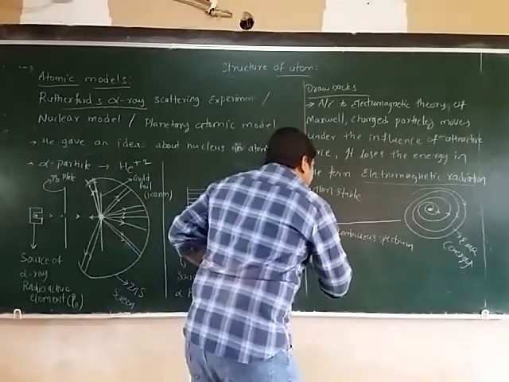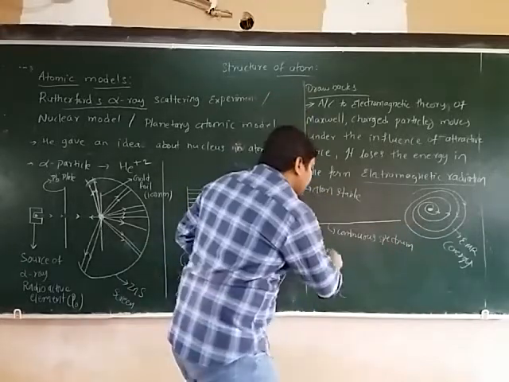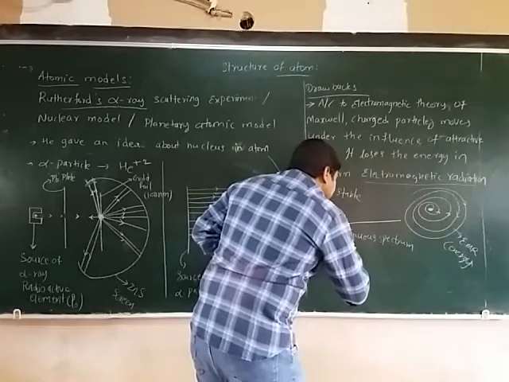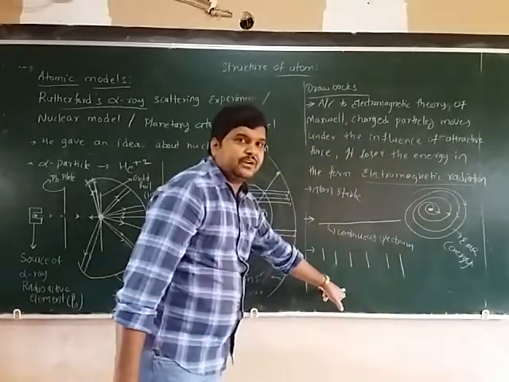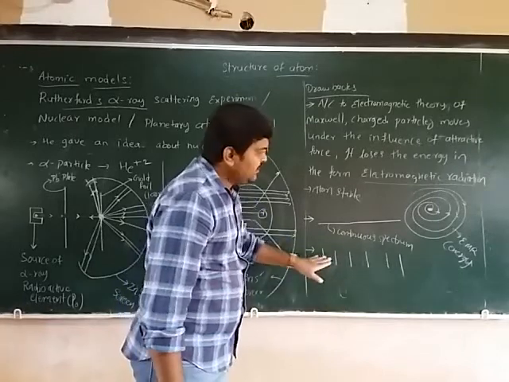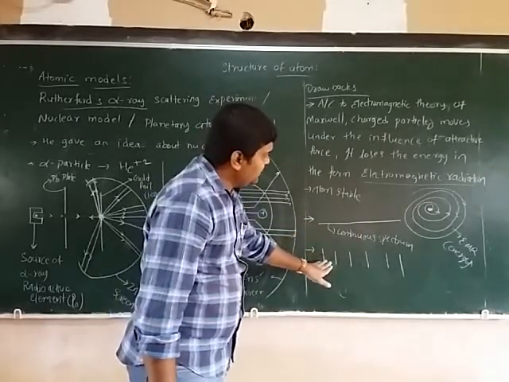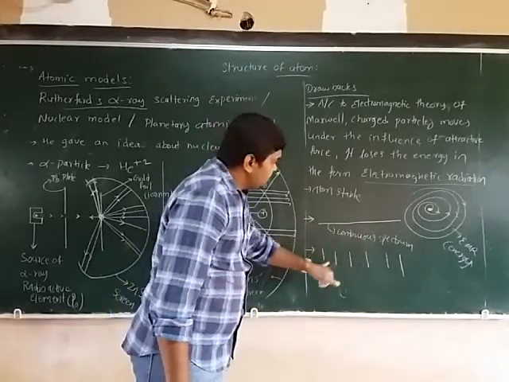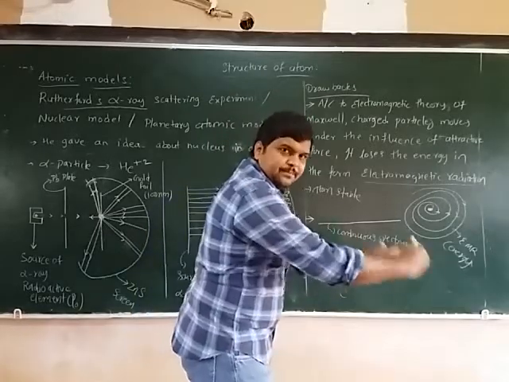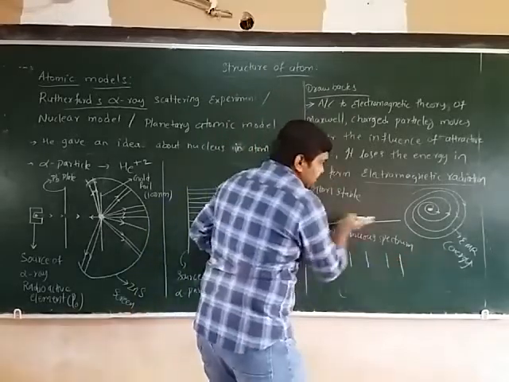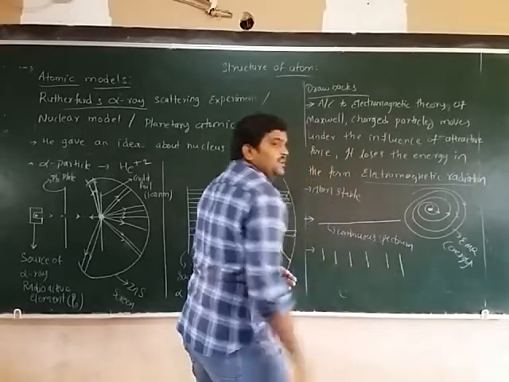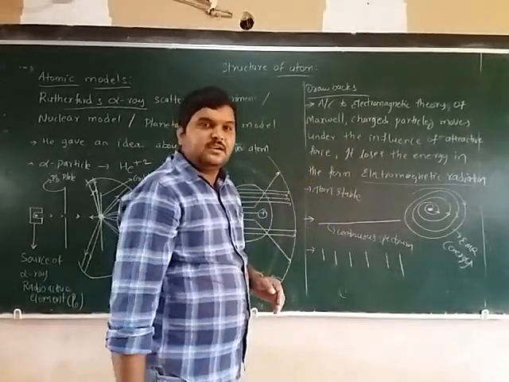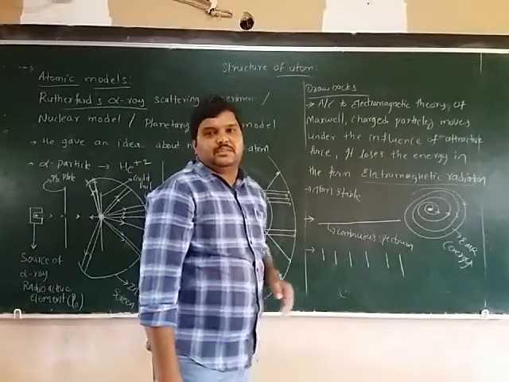But experimentally it is found that there are fixed lines with definite frequencies. Instead of a continuous spectrum, they have broken lines with particular frequencies. Is it clear? So what is the reason for that?